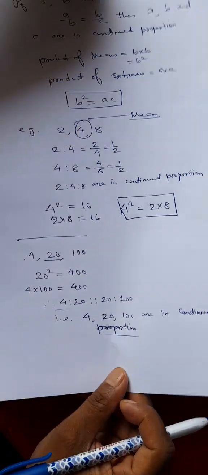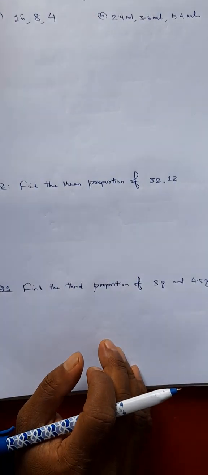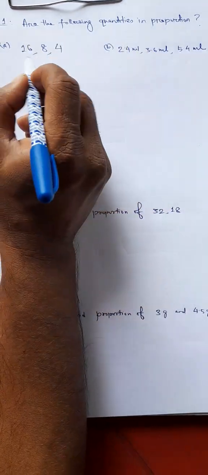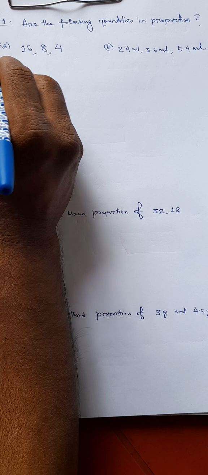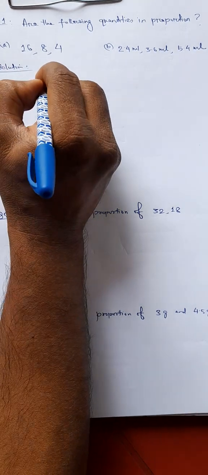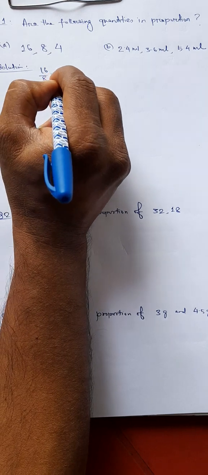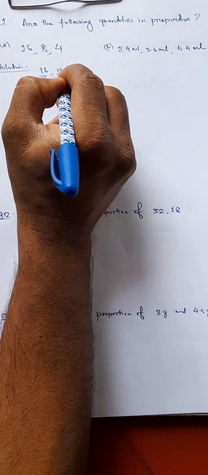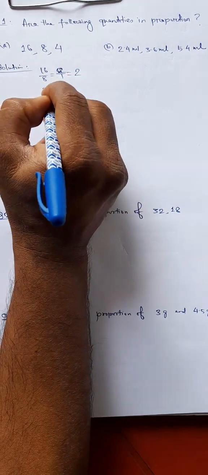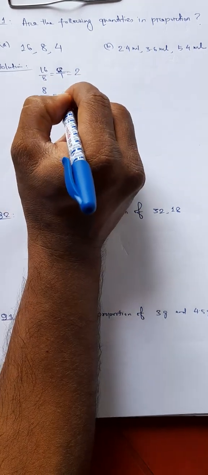Now let's solve a few examples on continued proportion. Are the following quantities in proportion? Let's check this. 16 by 8 means 2 by 1, or 2. 8 divided by 4 equals 2.